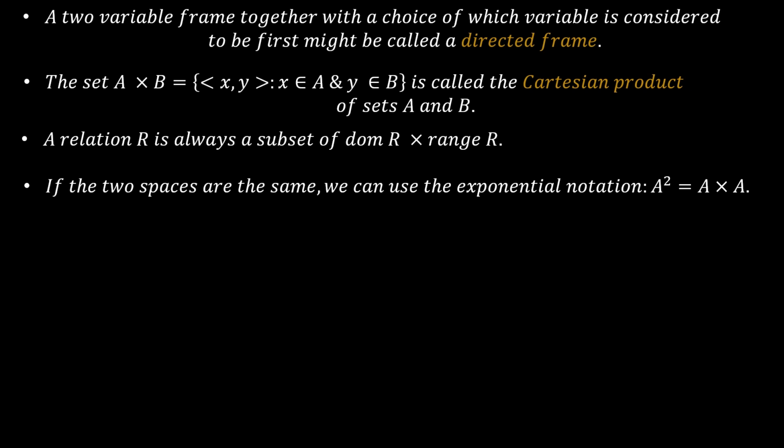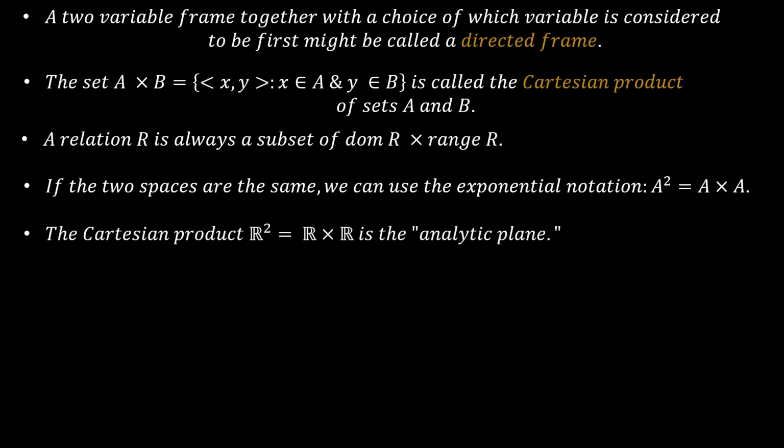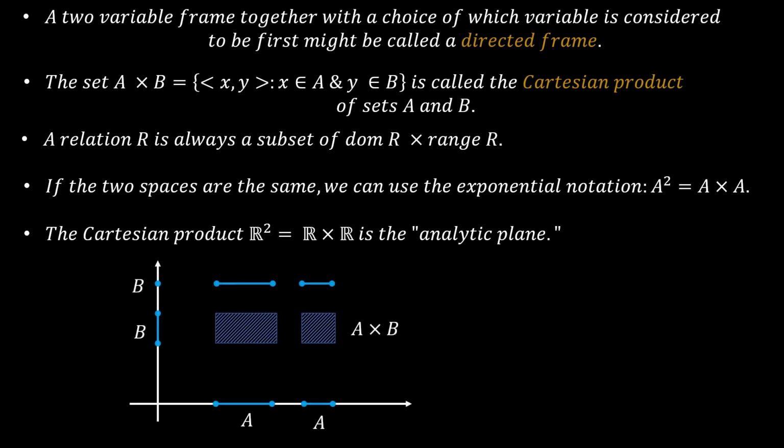If the two spaces are the same, we can use the exponent notation, A squared. In other words, for the sake of example, we'll just say R squared. The Cartesian product R squared is R by R, which is the usual analytic plane in which we work.